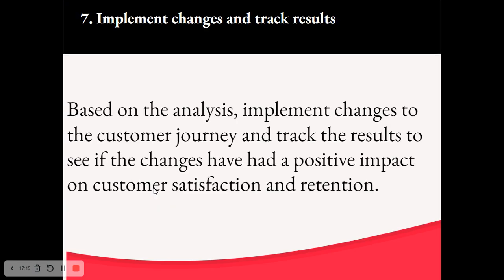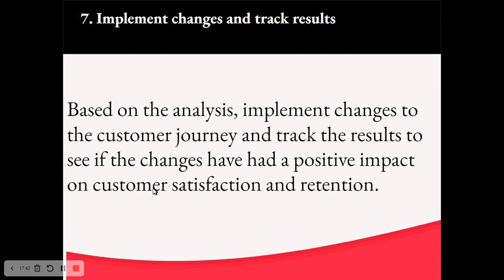So yeah, let's just do a quick recap of what we discussed. We talked about the customer journey map, and we said it's just a visual representation of the path that a customer takes when interacting with your product. It starts from the first point of contact to after purchase, when they become a loyalist and an advocate of your business.